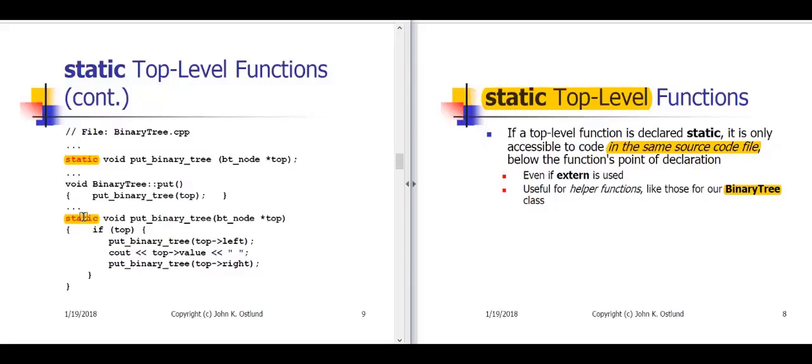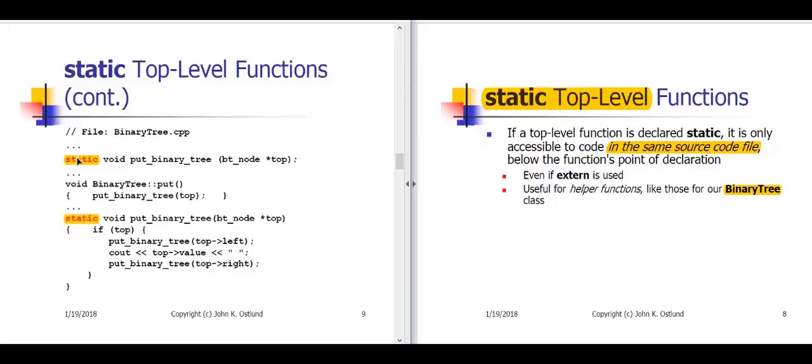Okay, so here we have a class member function, the put class member function, that displays the binary tree onto the screen. It does this by calling a helper function named putBinaryTree, passing in the top of the tree, that is a pointer to the topmost node of the tree, as the argument to the helper function.